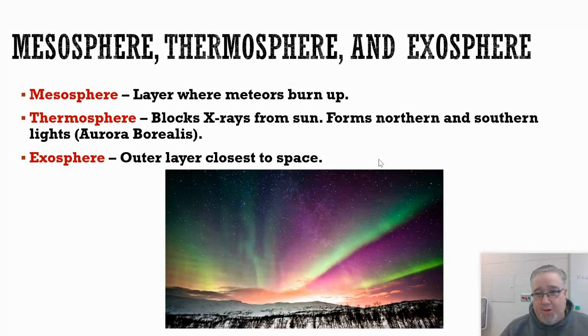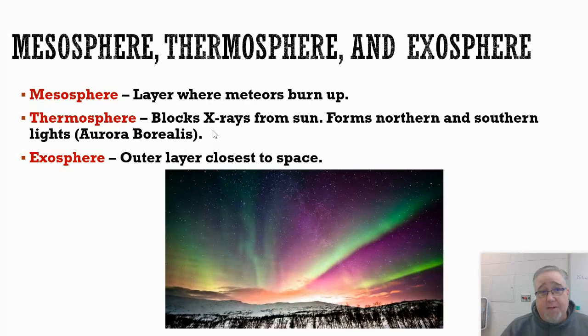The mesosphere is the middle layer right above the stratosphere. This is where most meteors coming toward the Earth get burned up before they reach the surface, which is a good thing. It's really, really hot in there.